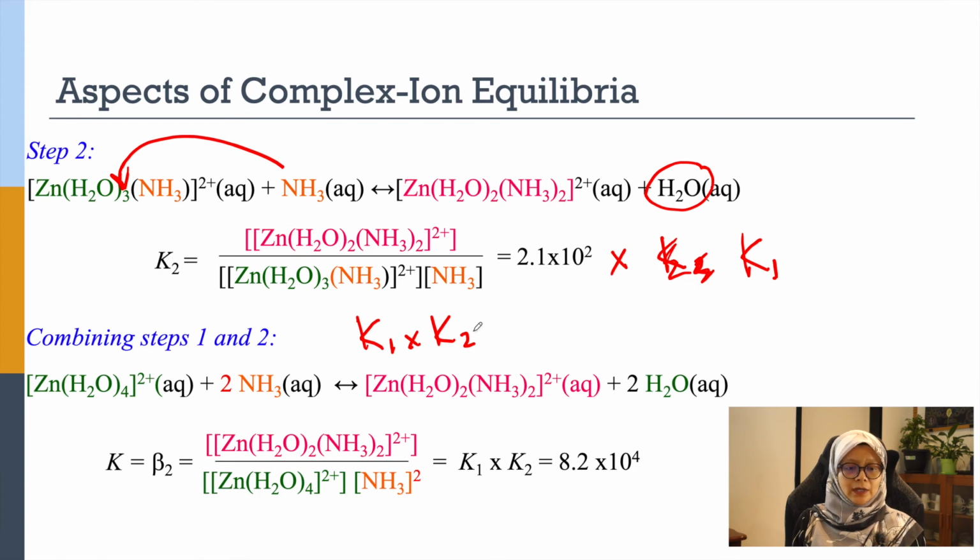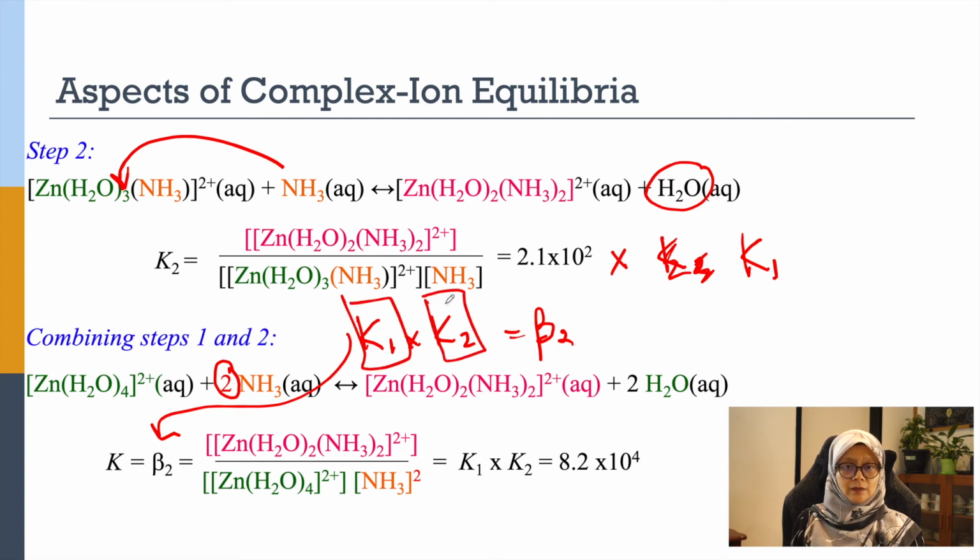If you combine K1 and K2, you will get beta 2, which equals the total overall formation constant, the concentration of product divided by the concentration of reactants. In this case we have 2 NH3, so we have the concentration of NH3 to the power of 2, and the value is 8.2 times 10 to the power of 4, because we are given the K1 value and also the K2 value.